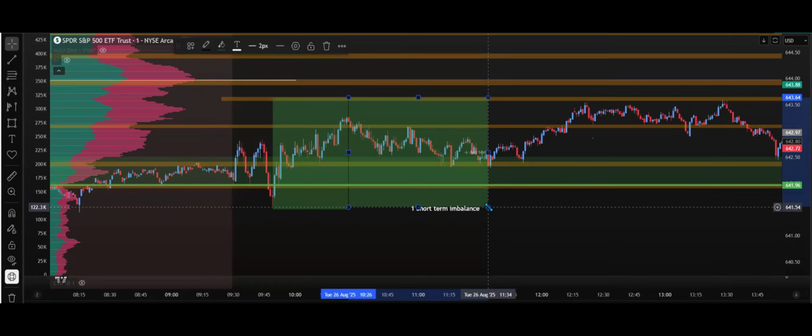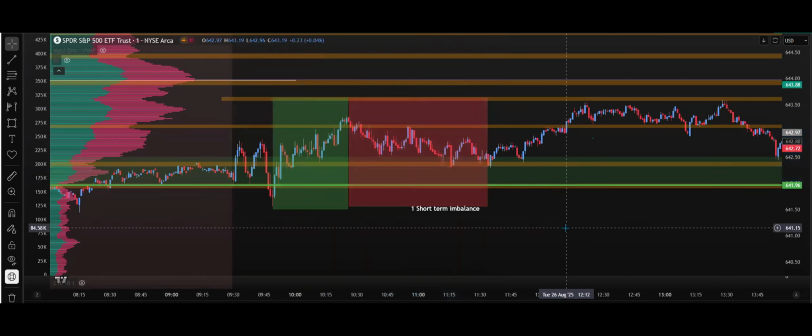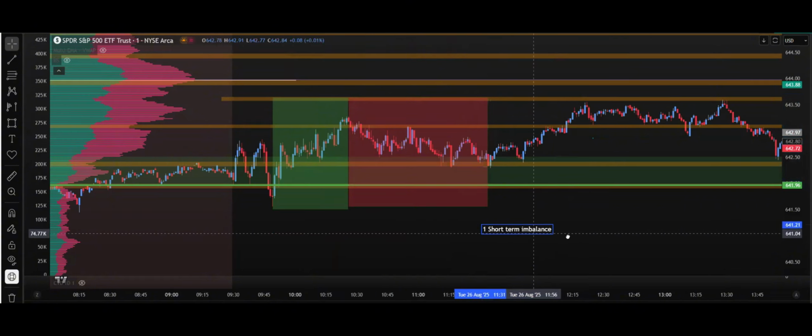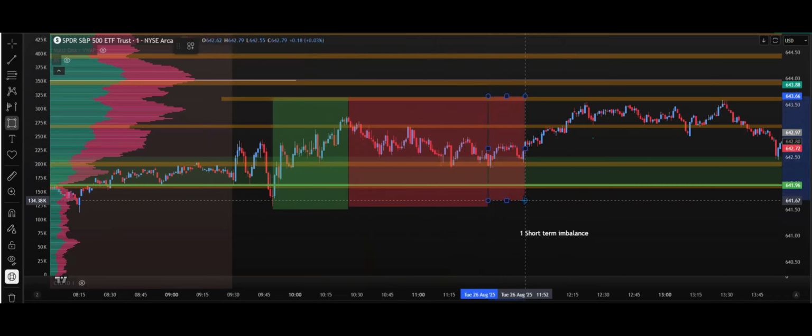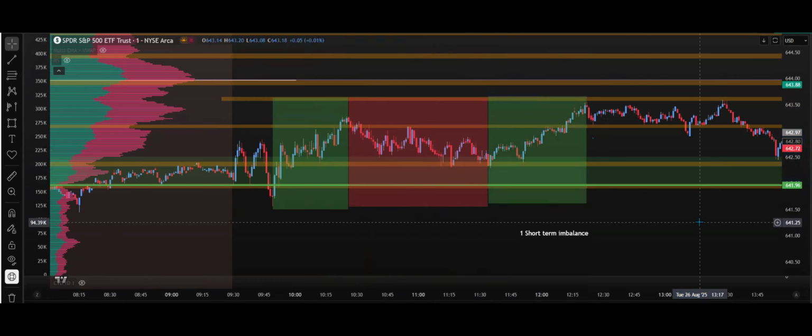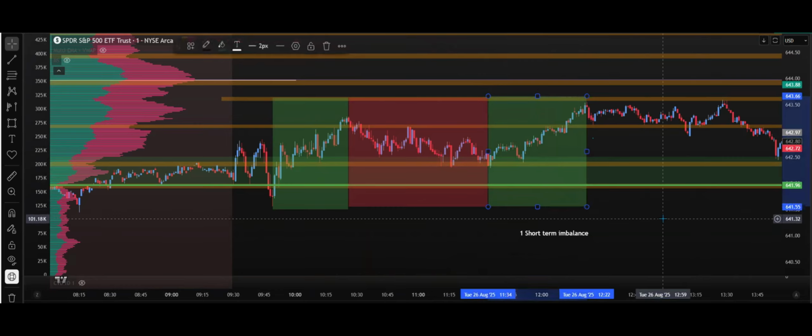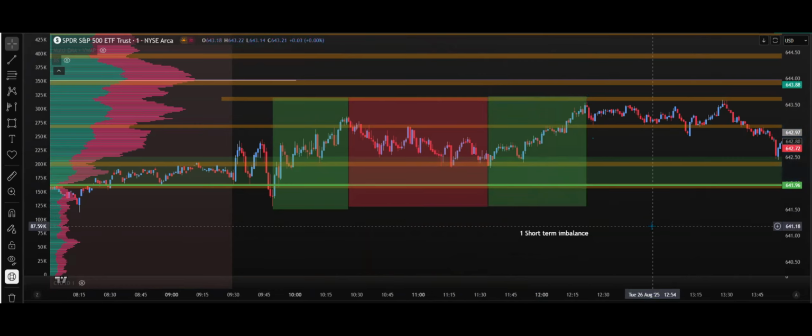We're making lower highs, lower lows. Those are things you should be watching for, typical market structure. And then we can start to see a buy imbalance forming, and it goes through here. Okay, so that's one thing I need to see to be able to take a trade.